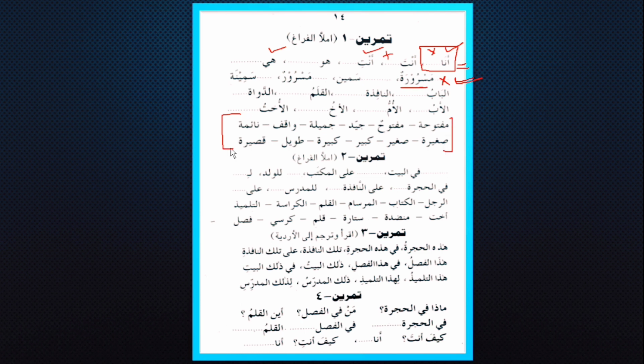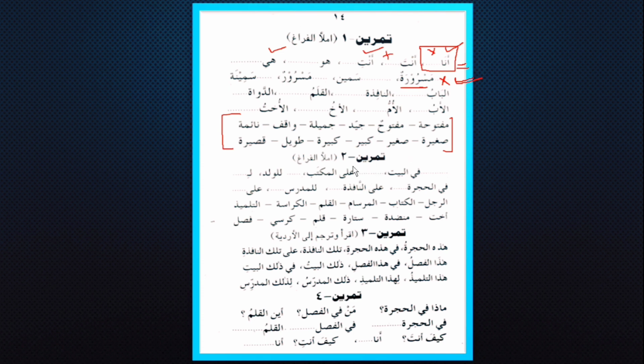And here some words are also given, you can use them, as well as you have to see the gender of mubtada or khabar. If the mubtada is muzakkar, then khabar should also be muzakkar. If the mubtada is muannas or feminine, then the khabar should also be feminine. This issue we will discuss in the next lesson as well.